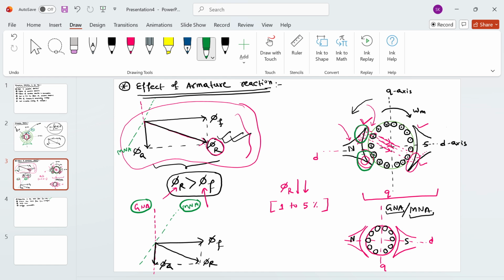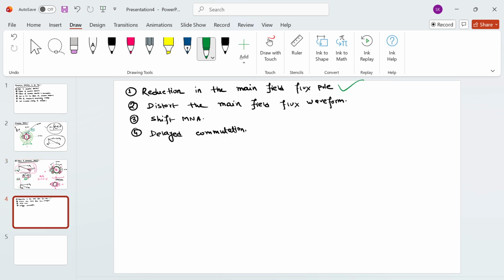So there will be a distorted waveform inside the machine, there will be a shift of MNA in the DC machine due to armature reaction, and there will be delayed commutation. All of these phenomena we will discuss in upcoming videos.